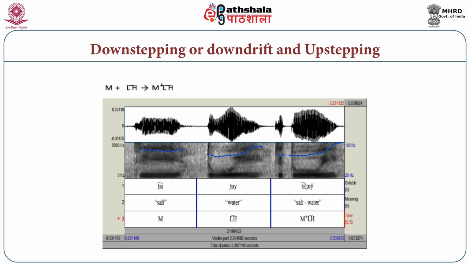In the word salt water, the beginning is the same for salt as for water. So the mid-tone has been lowered here, and that's how you get a downstepped tone for the first word in the compound word salt water.